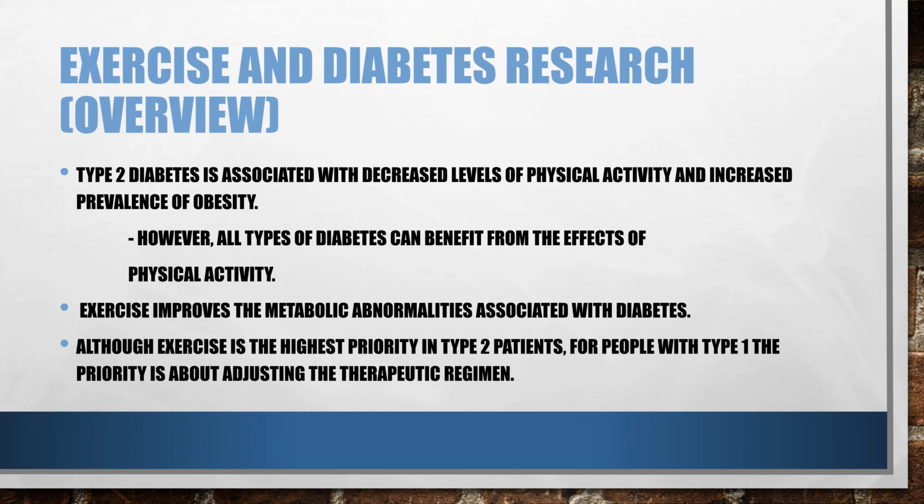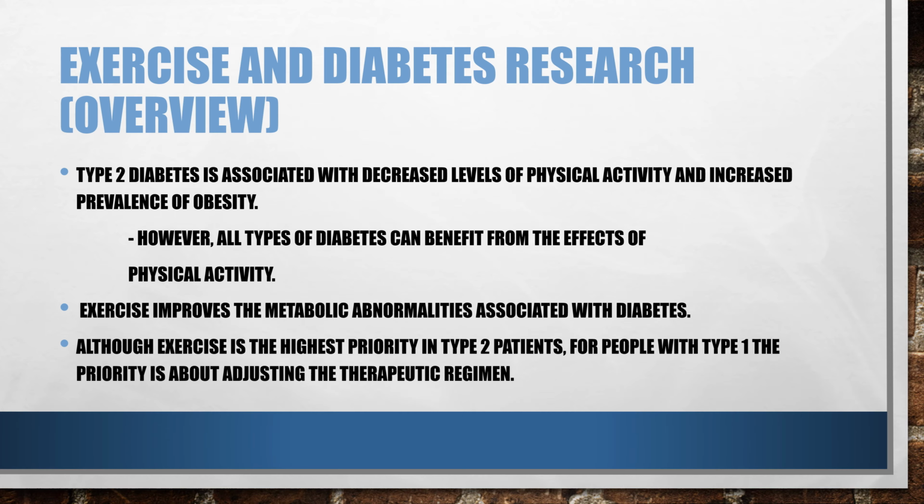Type 2 diabetes is associated with decreased levels of physical activity and increased prevalence of obesity. Type 2, although very common, is one of the forms that are actually more avoidable depending on health status.